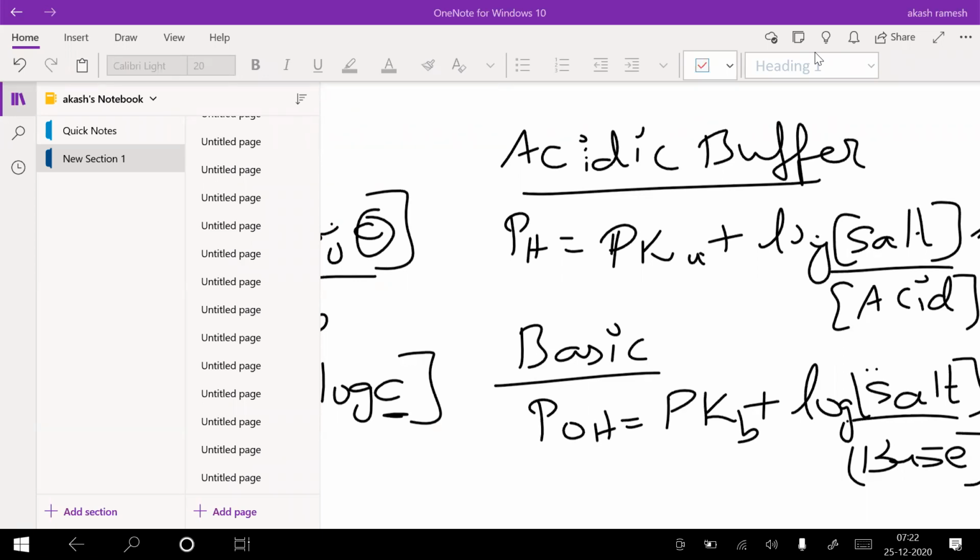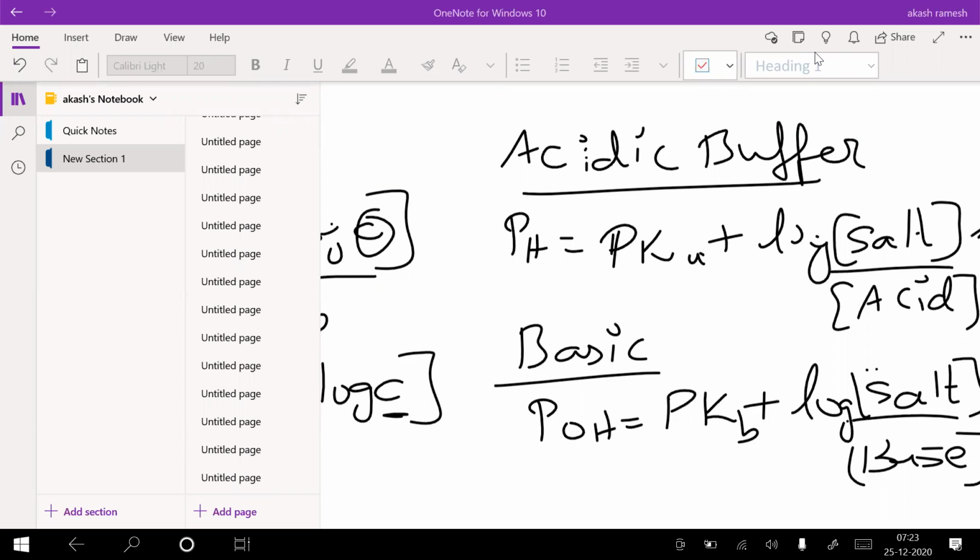If we just dissolve ammonia in water, you are actually going to get NH4OH. In this question, they have given 0.2 M NH4Cl and 0.1 M NH3, the base concentration as well as the salt concentration. So definitely this question is from buffer.